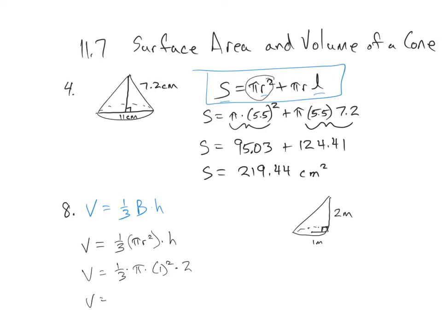So 1 times pi times 1 times 2, and then divide by 3. So pi times 1 times 2 divided by 3. And always do that divided by 3 last. It just makes it easier on your calculator. And then your answer is 2.09. And this is meters cubed. Remember, this is volume. Surface area is squared and volume is cubed.